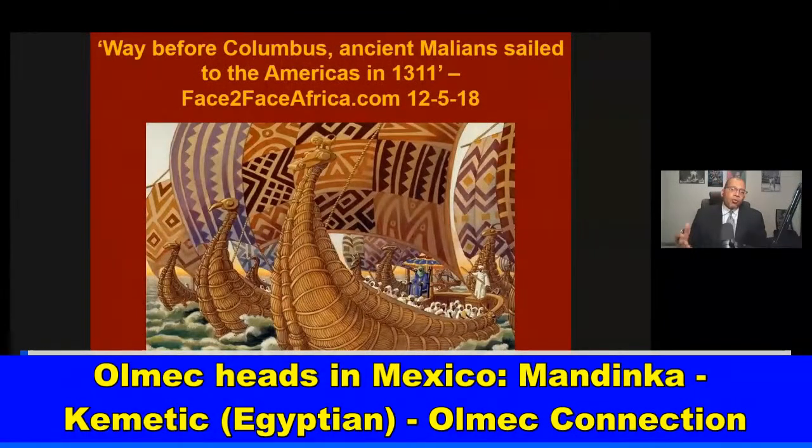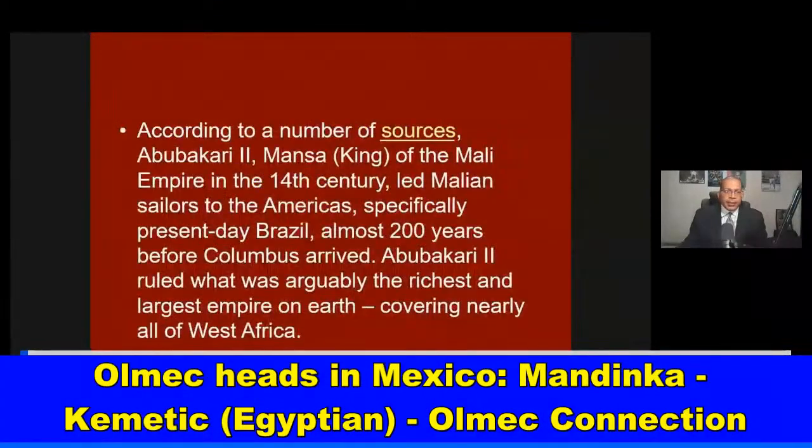There's also a good article from face-to-faceafrica.com called Way Before Columbus, Ancient Malian Sailors Sailed to the Americas in 1311 AD, Common Era, from December 5th, 2018.